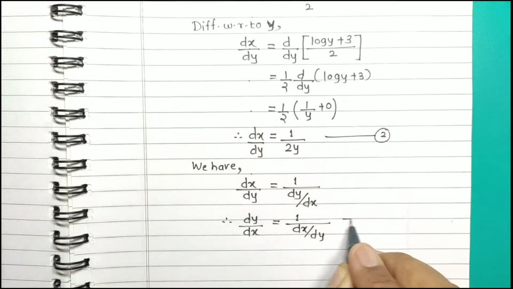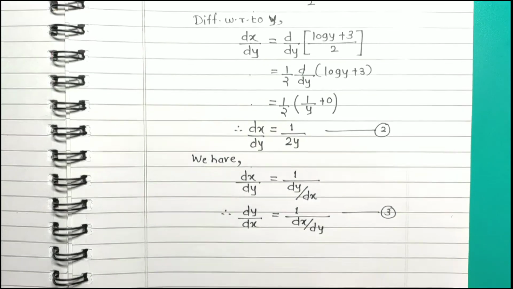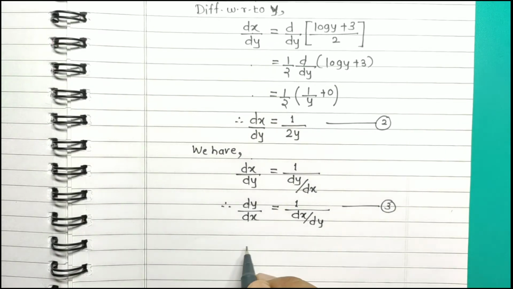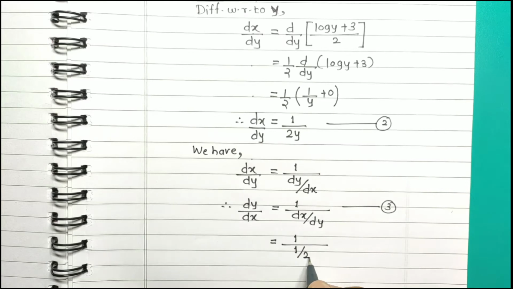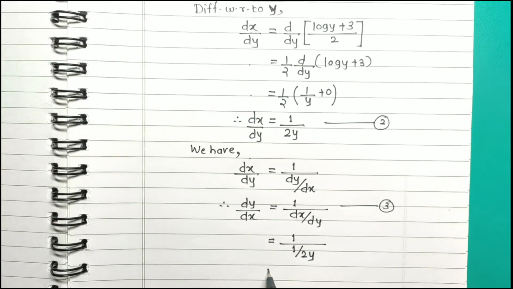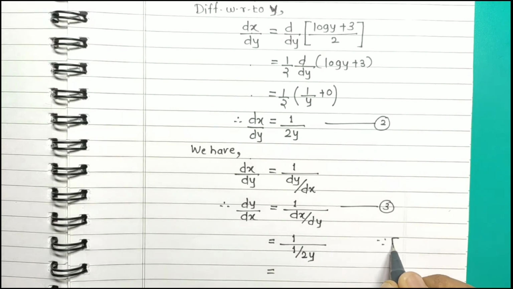Call it equation number 3. From 2 and 3 we have dy by dx is equal to 1 upon dx by dy, which is 1 upon 1 upon 2y. You write the reason here, from 2 and 3.